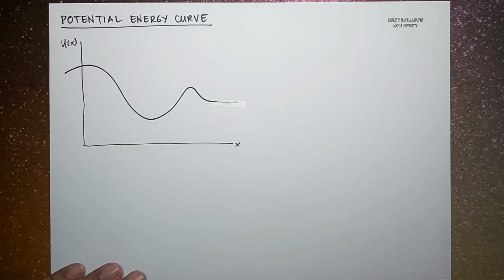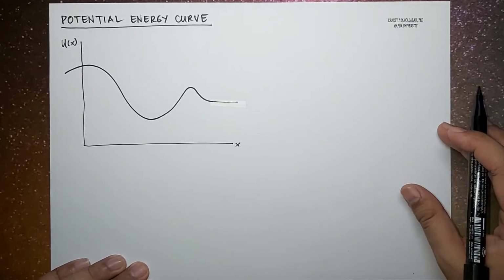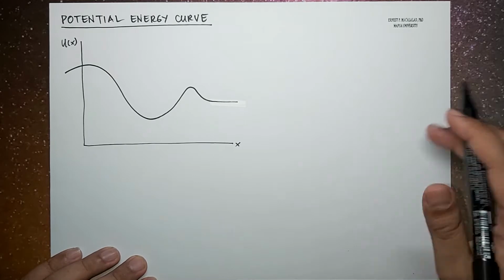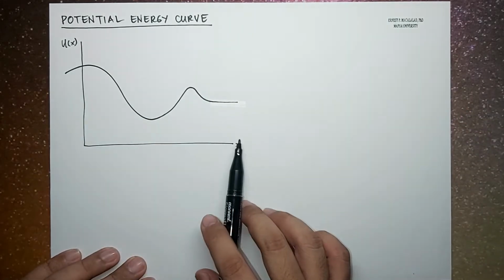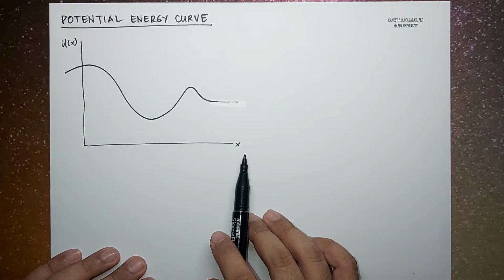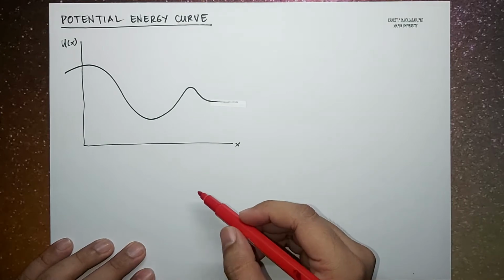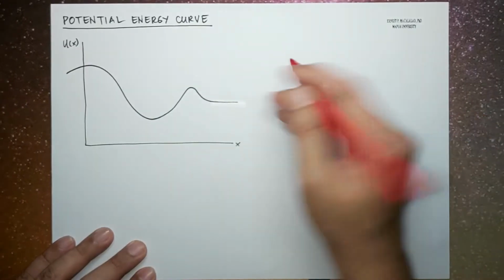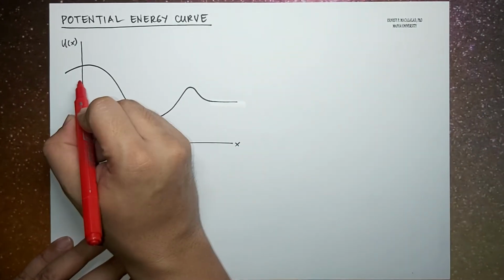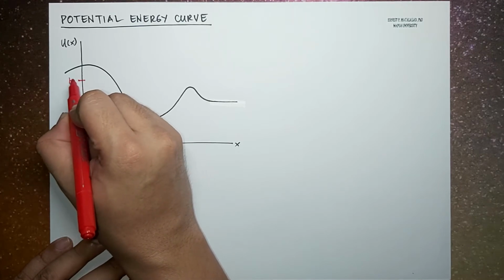Now below is a graph of a one-dimensional potential energy function U, which is a function of x. Let's say the energy of your particle within this field is at this level.